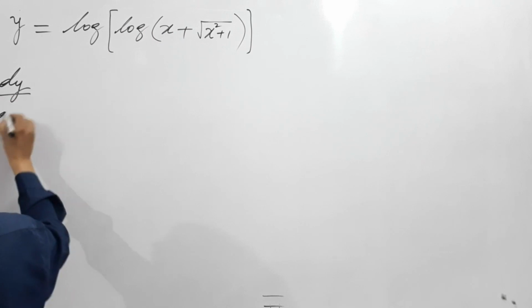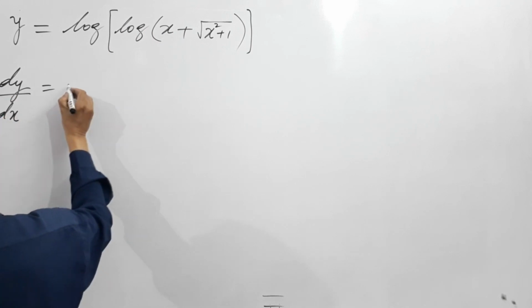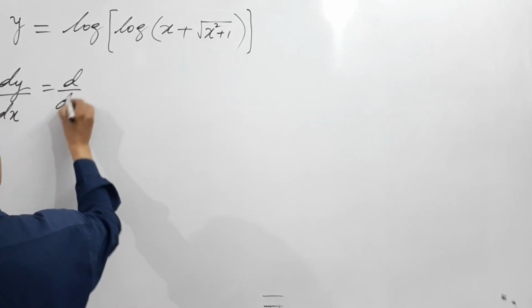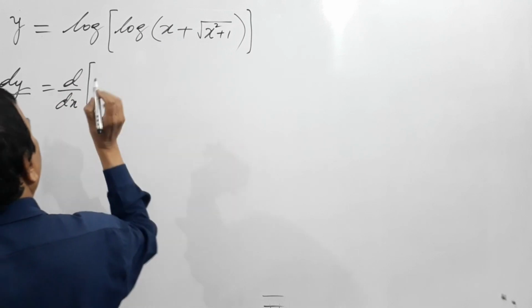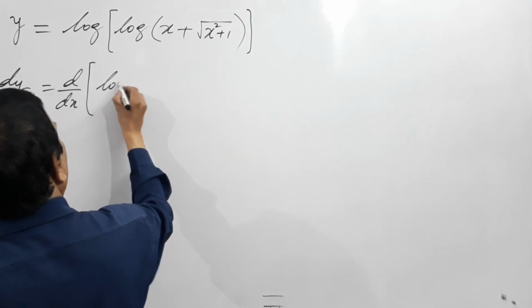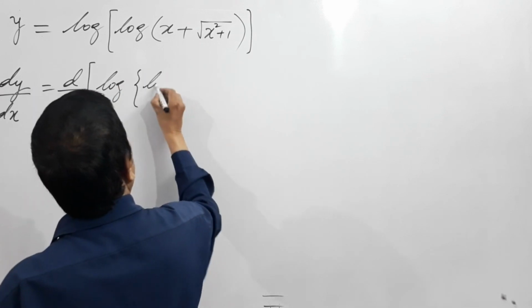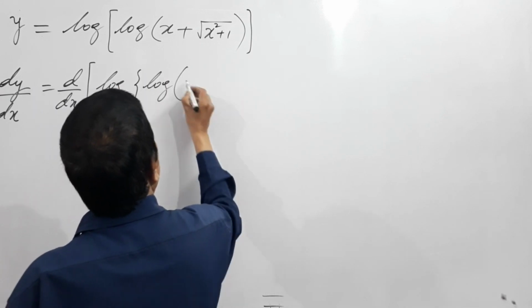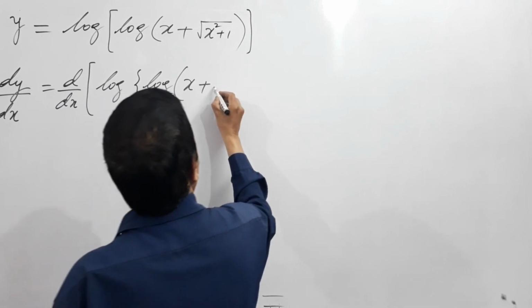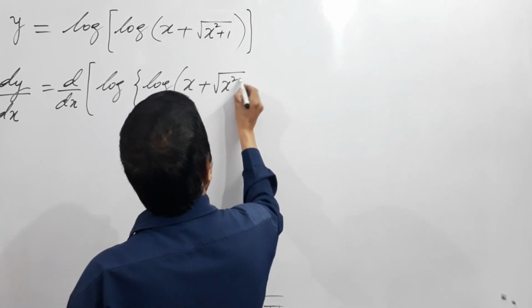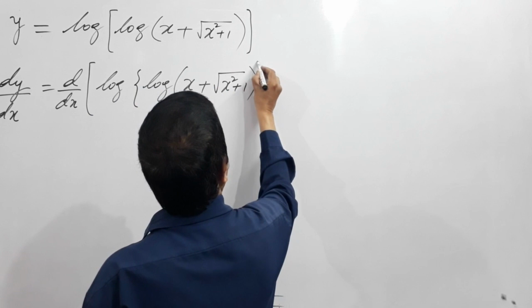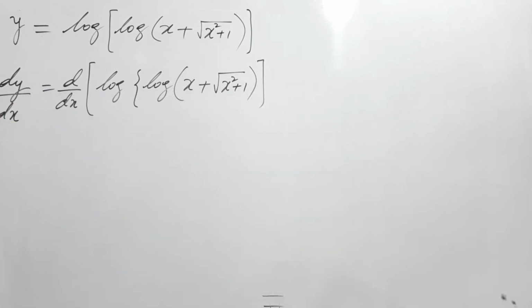dy by dx equals d by dx of log of, again we have one log function, that is x plus under the root x square plus 1. So let's differentiate this.